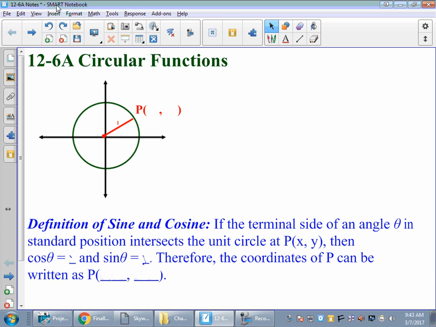And so in this section, what we learn is that we're back on the unit circle, and if I have a point on this unit circle, remember, the reason they call it a unit circle is that the radius of the circle is 1 unit.